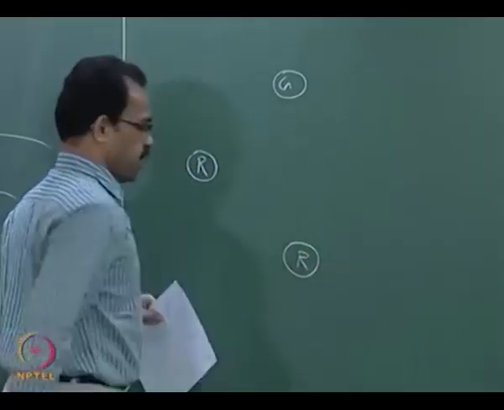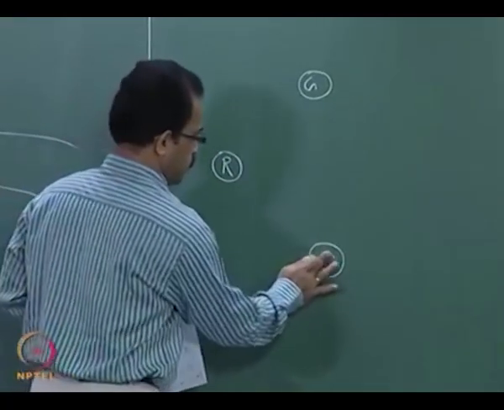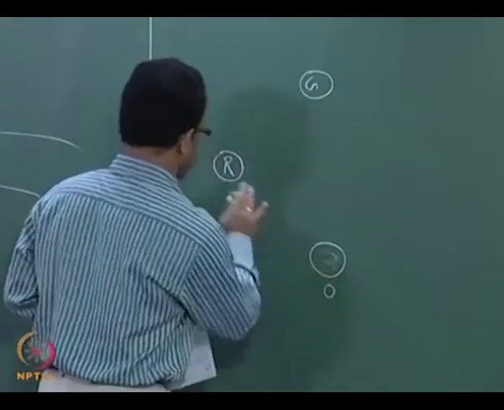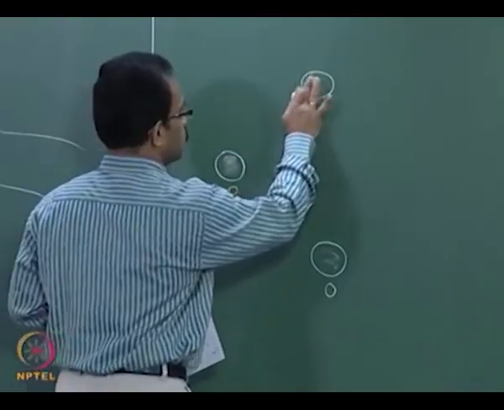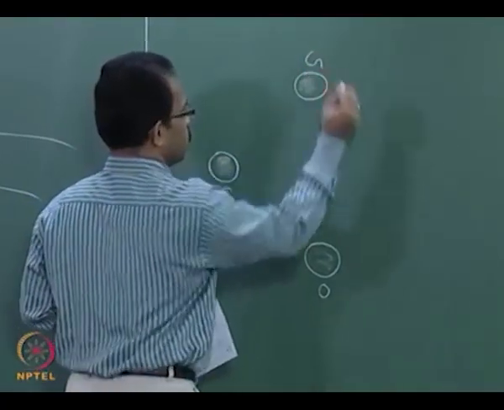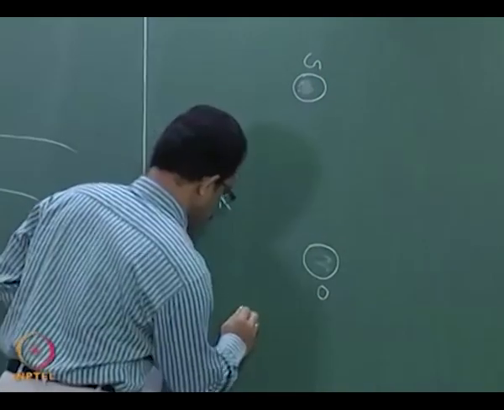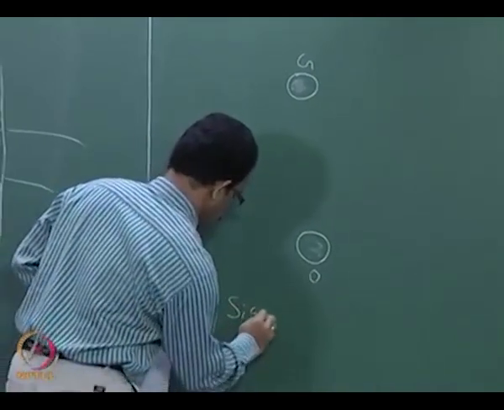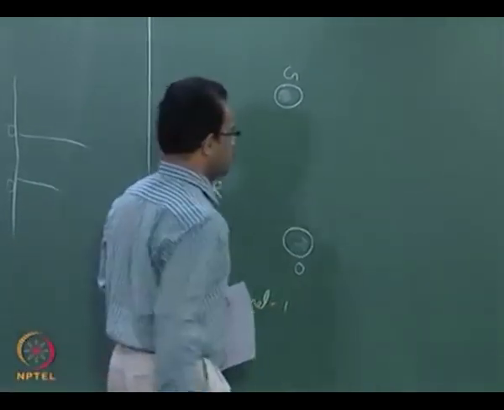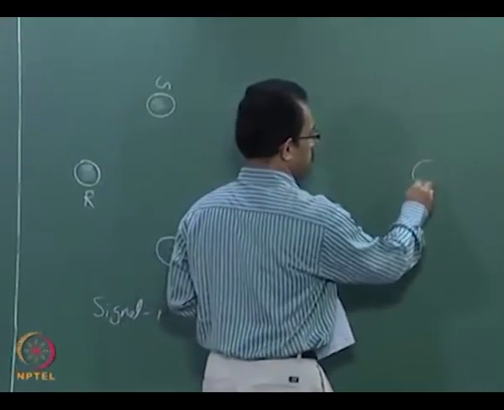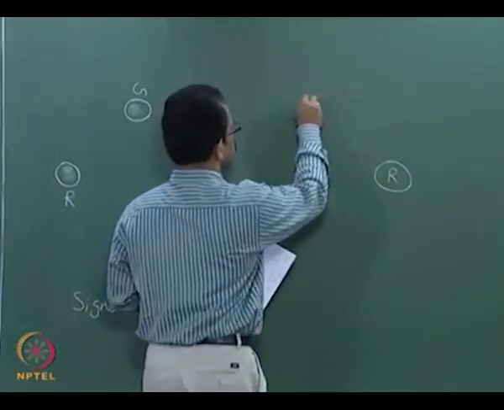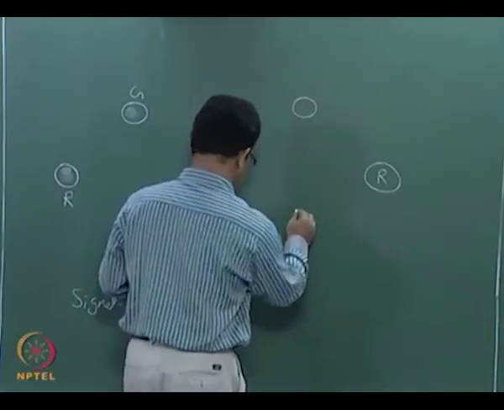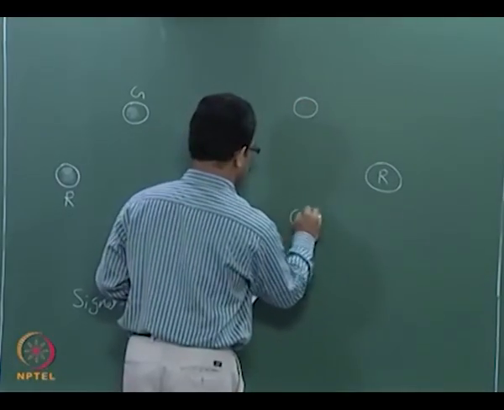So these are the places. Sorry, these are orange. I will write it outside because we need to show the tokens inside. So this is red, this is green, and this is signal 1. And similarly we have signal 2 also. We have the red signal, the green signal, and the orange signal.